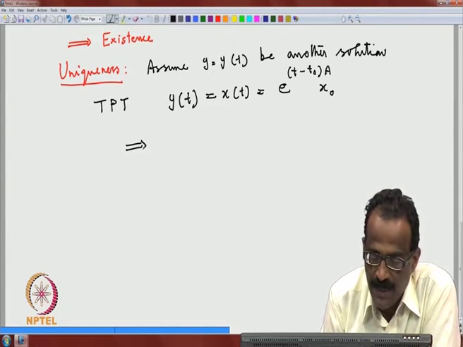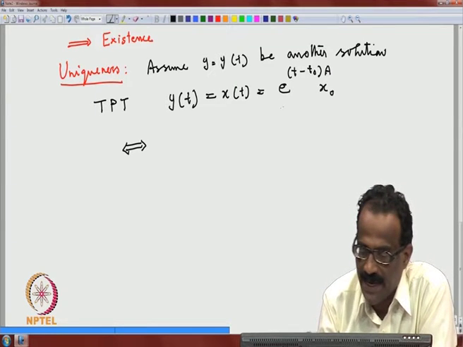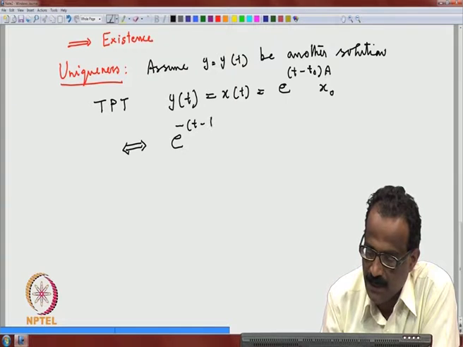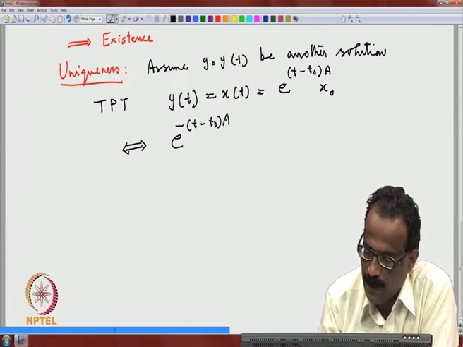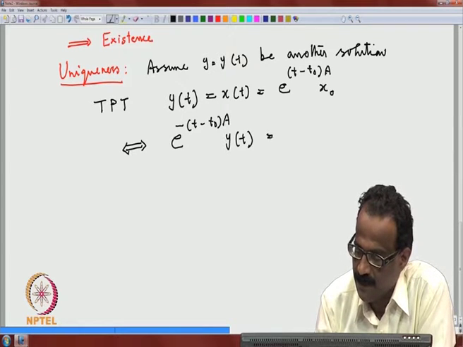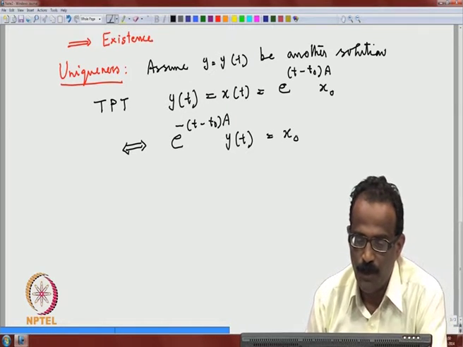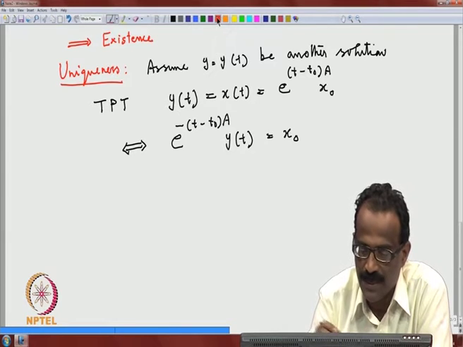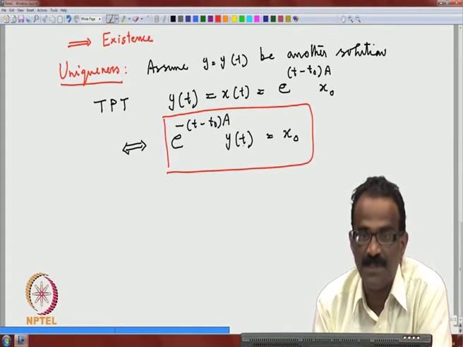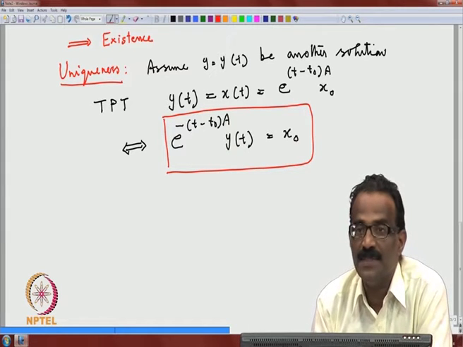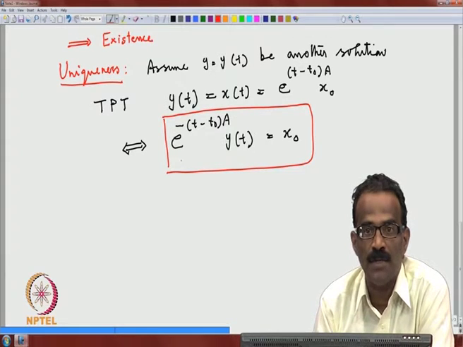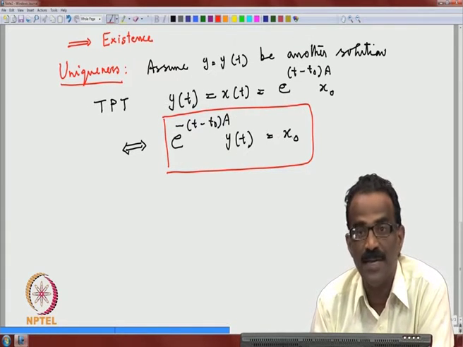So, proving this is equivalent to proving that e power minus of t minus t naught into a, acting on y t, is equal to x naught, where I take the exponential to the left side. So, what you have to prove is that the left side is a function of t, and the right is just x naught, which is a constant. So, you want to show that the left side is a constant, and that constant is nothing but x naught.